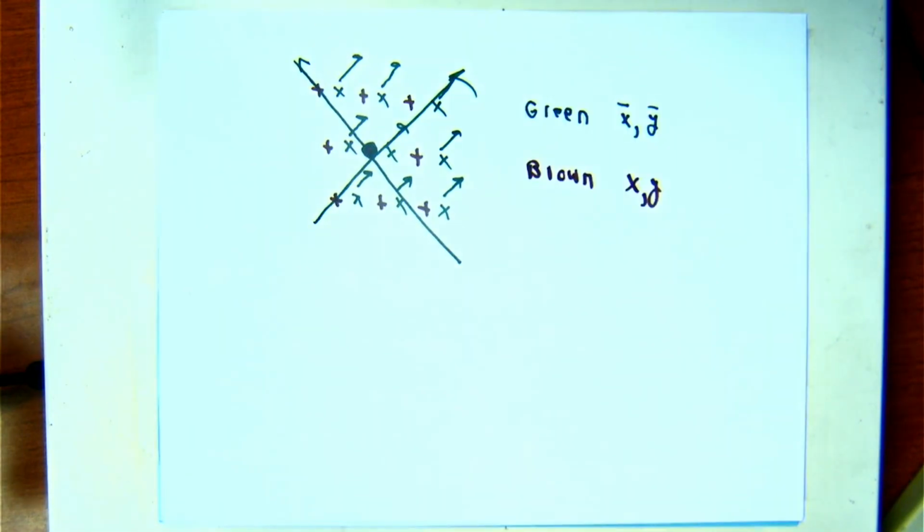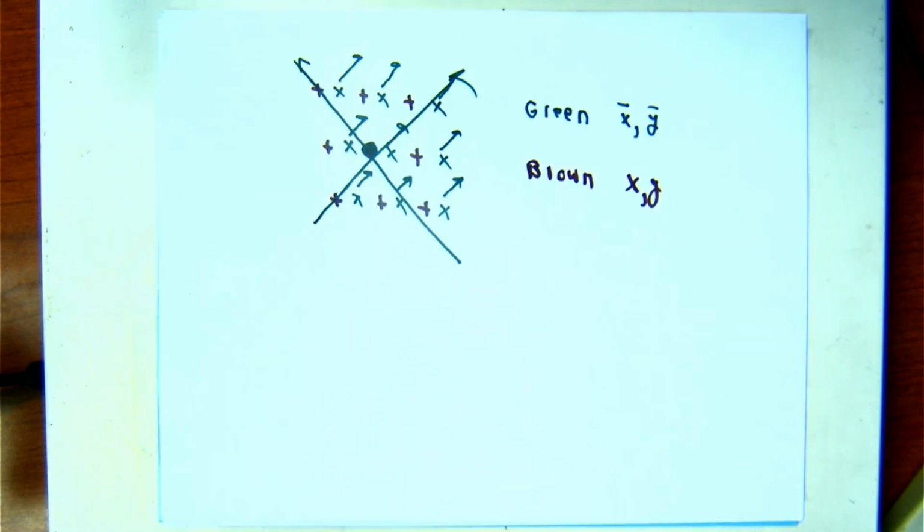So that I don't have to keep changing colors all the time, I'm going to call the coordinate system of the green individuals X and Y with a little bar above them. The coordinates of the brown pluses, I'll just call X's and Y's with no bar above it.